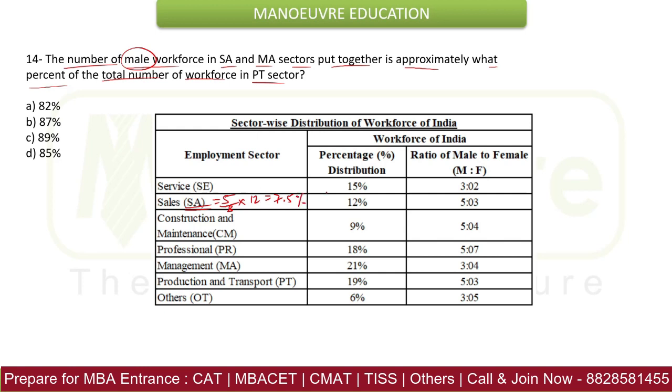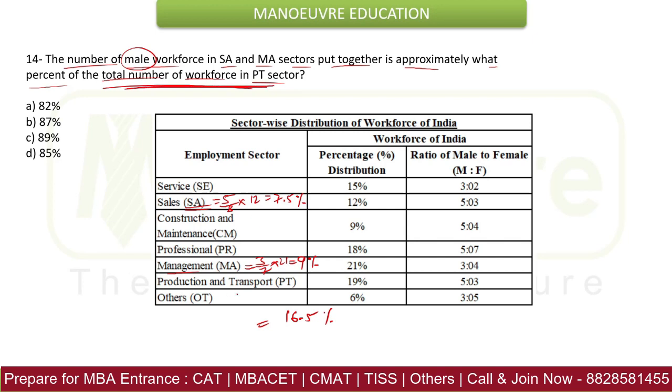And in MA sector, which is the management sector, the male percentage will be 3 by 7 into 21, that is 9%. So the total will be 7.5 and 9, that will be 16.5%. And with respect to what?